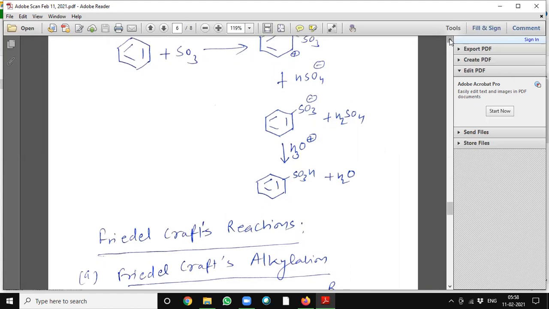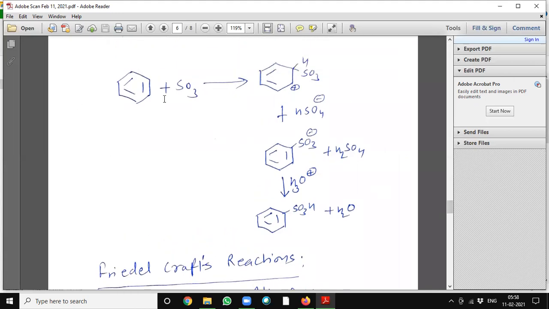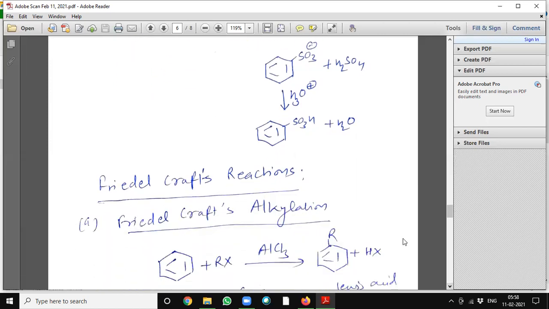So here also SO3 is an electrophile, and it will attack the benzene ring, and then HSO4 nucleophile will abstract the proton, and it will form sulfuric acid. Then hydronium ion will finally give benzene sulfonic acid.